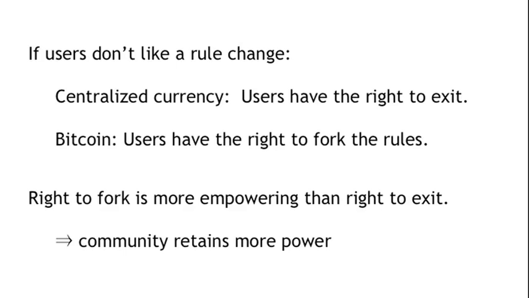You can exit if you want, but you have the right to fork, and that actually gives you more power. And therefore, the community has more power in a system like Bitcoin, which is open source, than it would have with the purely centralized system. So although the lead developers might look like a centralized entity controlling everything, in fact, they don't have the power that a purely centralized manager or software owner would have.